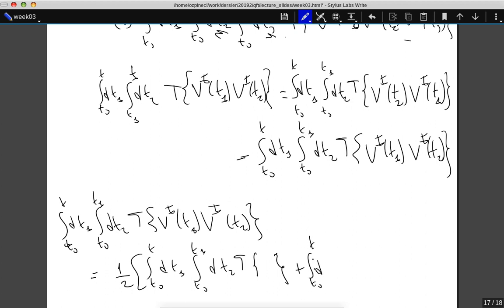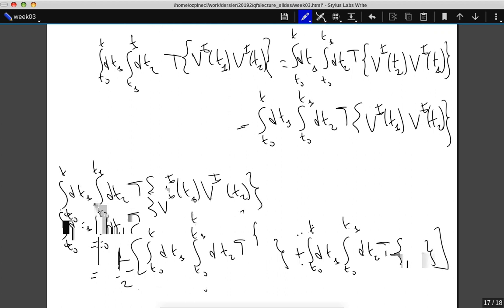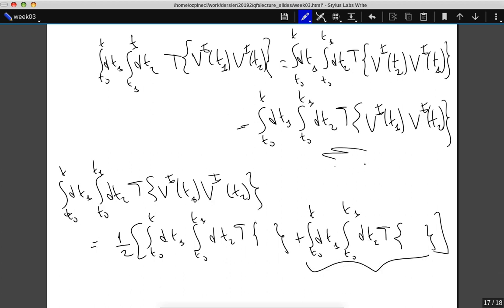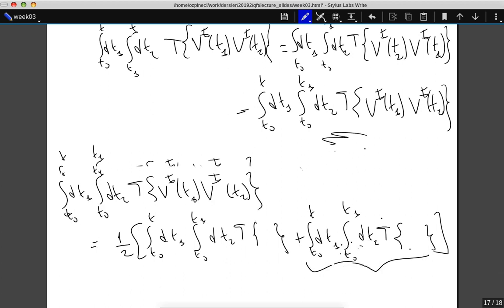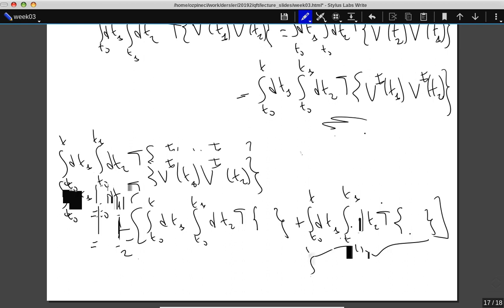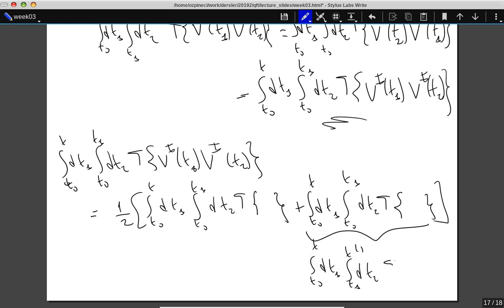T0 to T dt1, T0 to T1 dt2, time ordered product. It's the same term, but I can replace this one using this identity over here. This one is actually equal to from T0 to T dt1, from T1 to T dt2, time ordered product.